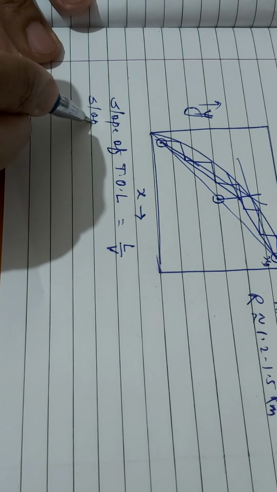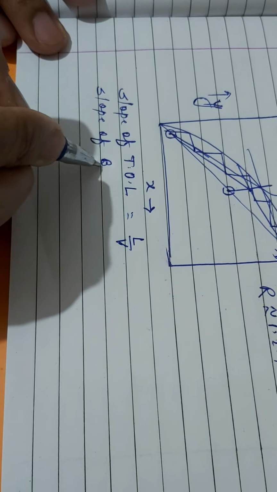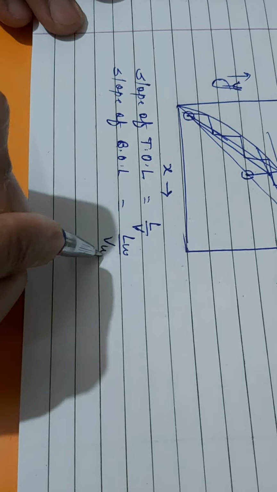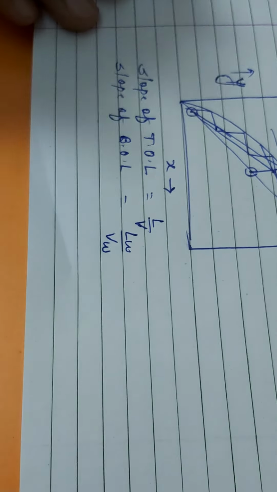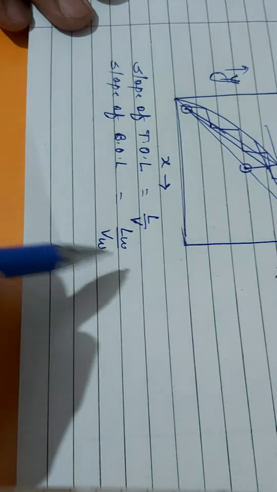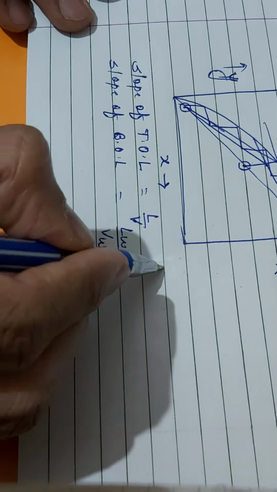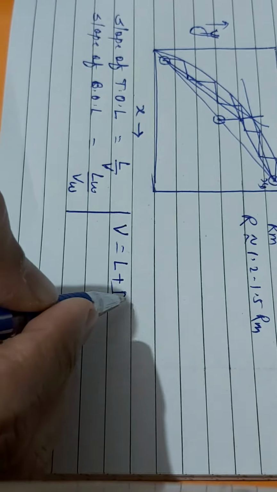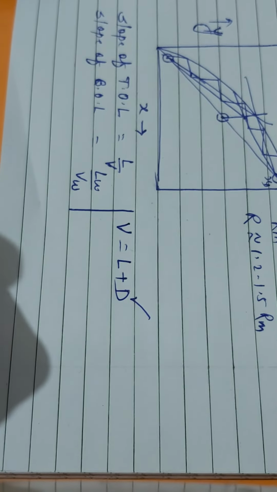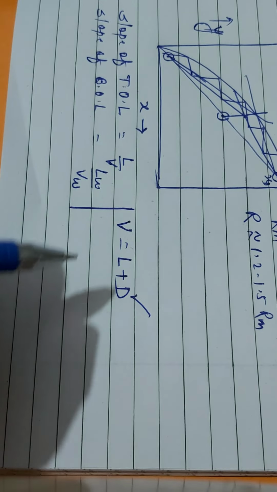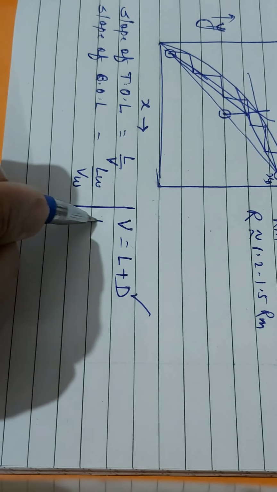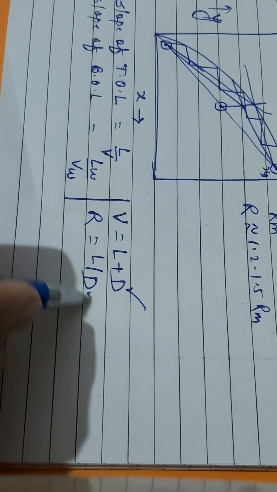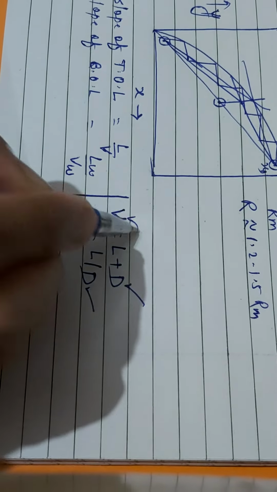The slope of the bottom operating line is LW by VW, the liquid and vapor flows at the bottom section. So you know the slope. Now there is the equation V equal to L plus D. D was known from the top. L comes from the reflux ratio, which is L by D. So if D is known, L can be known and V can be known.